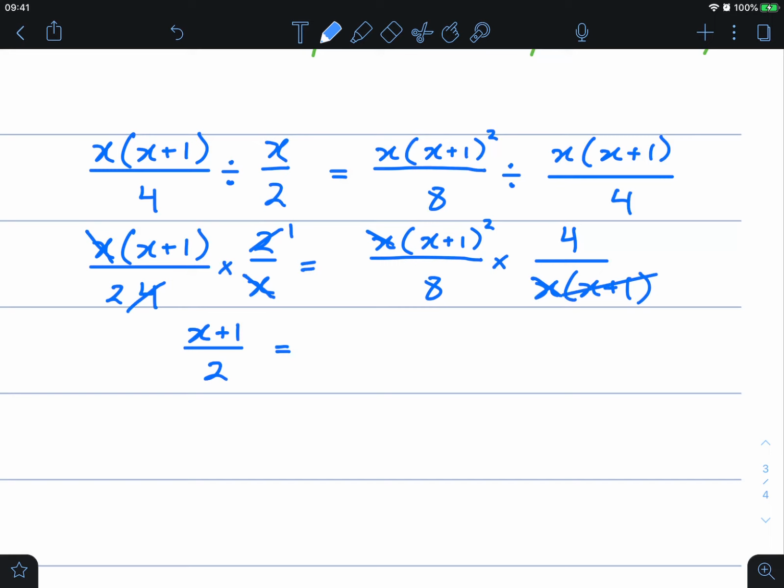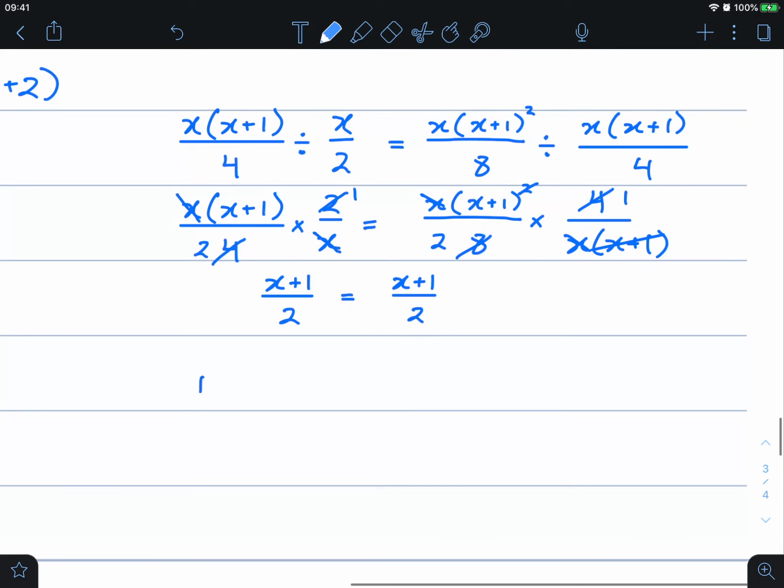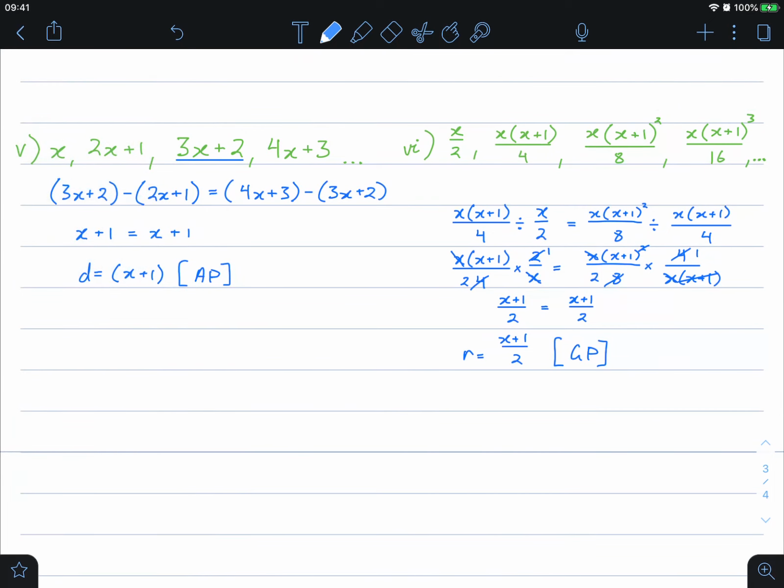This entire group cancels out with one of them. 4 and 8 divide to become half. This leaves us with x plus 1 over 2. So left hand side equals right hand side. So our common ratio is x plus 1 divided by 2. And so this would make this a geometric progression.